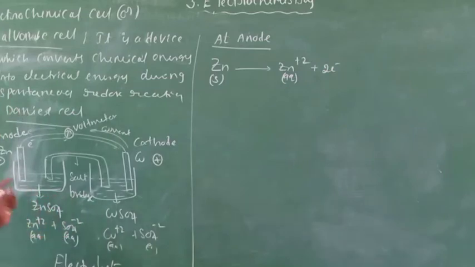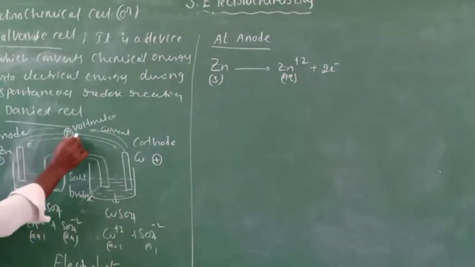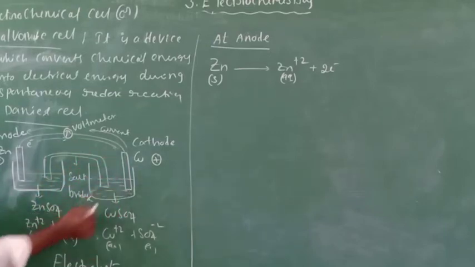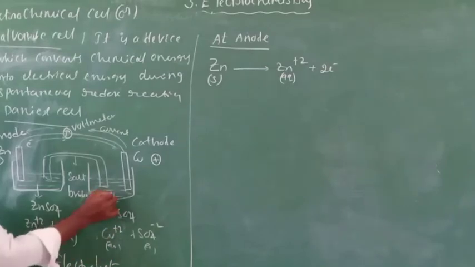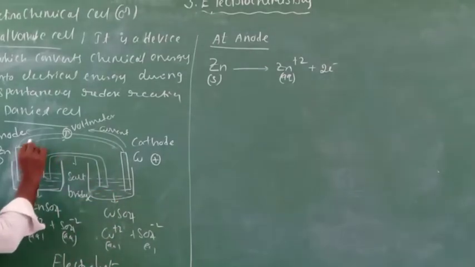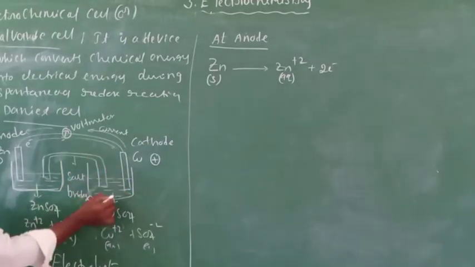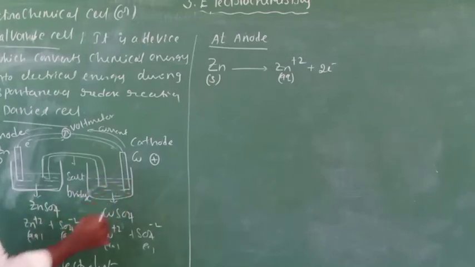The electrons lost by these zinc metal atoms move through the external wire to the cathode. Here in the cathodic compartment, there are a huge number of Cu2+ ions inside the solution. Whenever these electrons move to the cathode, the Cu2+ ions are attracted by the negatively charged electrons.